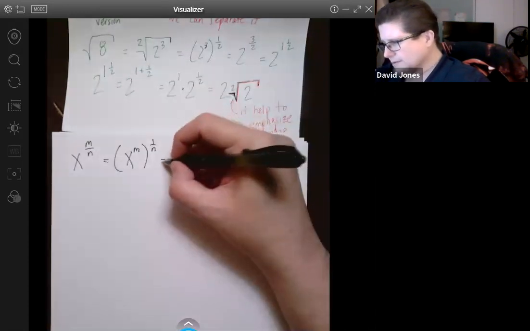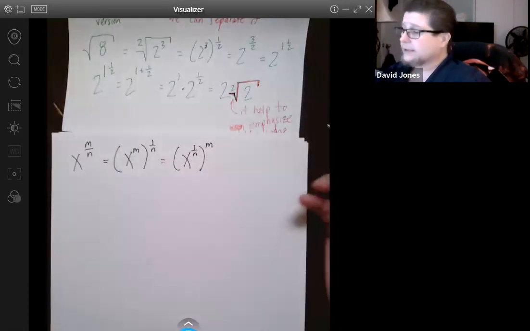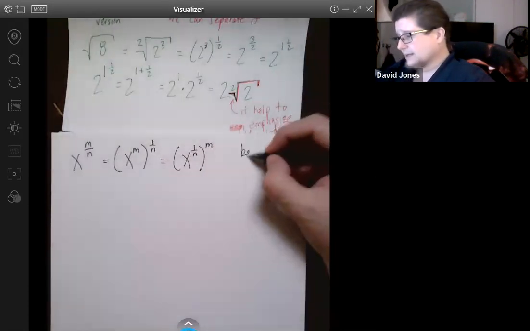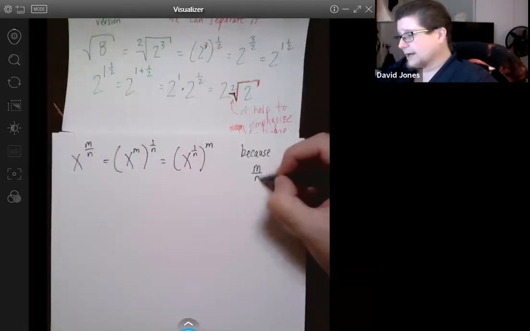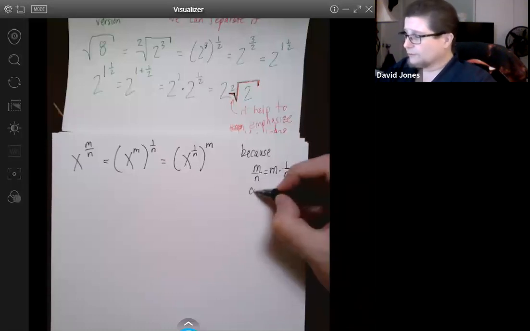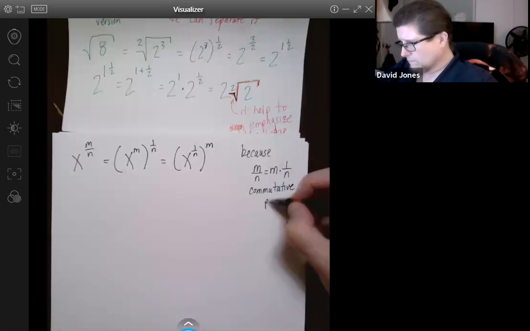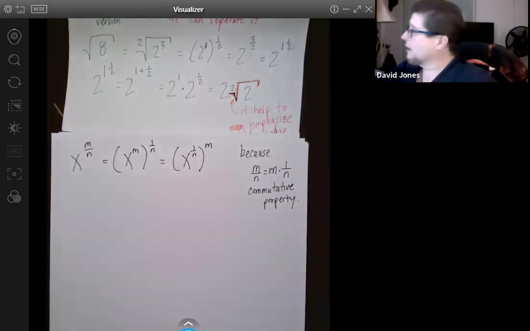So I could actually put the 1 over n on the inside and put the m on the outside, because m over n equals m times 1 over n, by the commutative property.